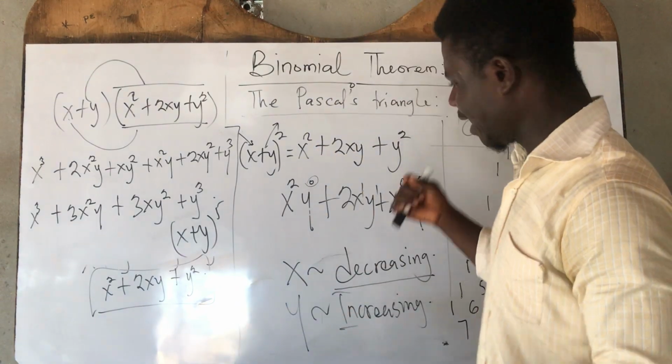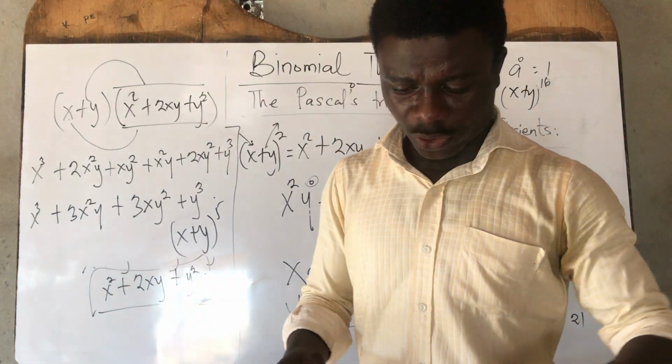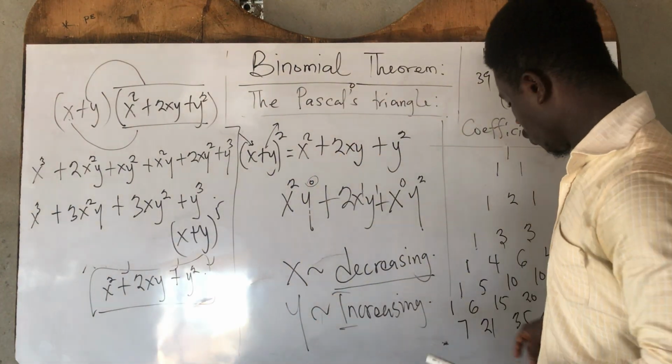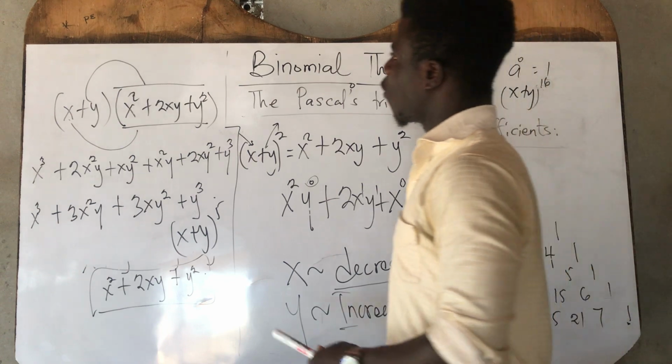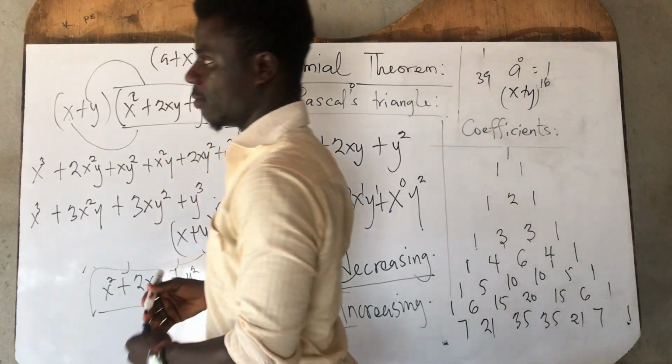So we are saying that again. Note here: Pascal's triangle method is used for expansion of the form a plus x to the power n.